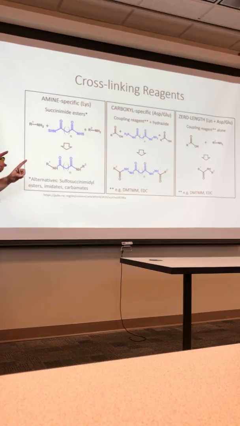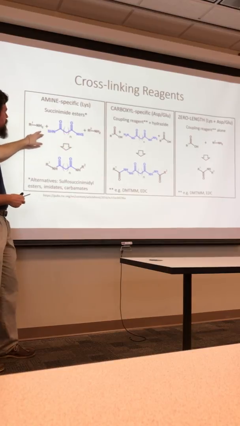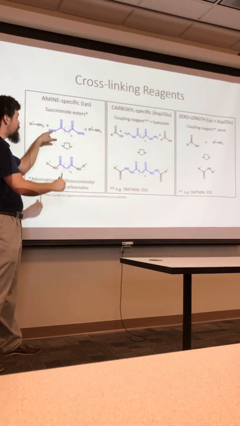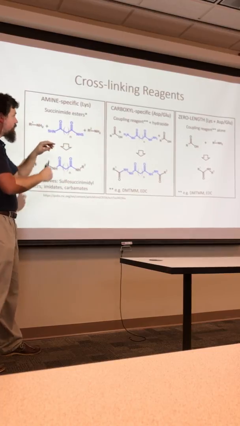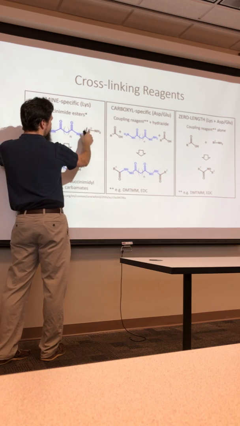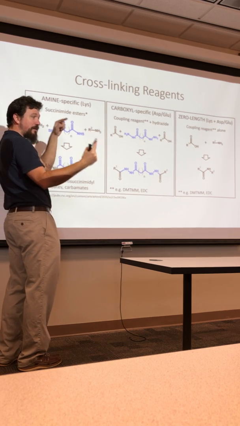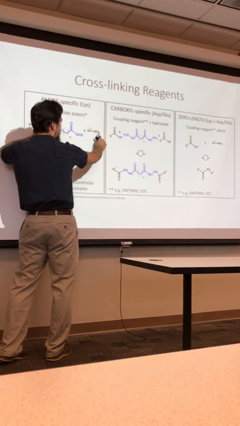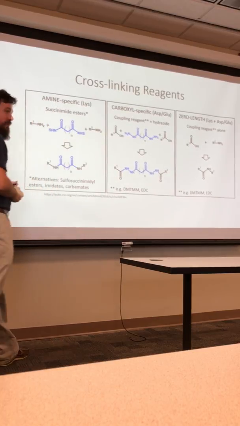Now, this means that these functional groups would have to be pretty close together to cross-link them. But what you can do is you can use cross-linkers that have different numbers of spacers between the reactive parts. So, why would lysine be next to lysine? Well, they might be close in space, and if we use a long enough cross-linker, they'll be close enough that they can cross-link.